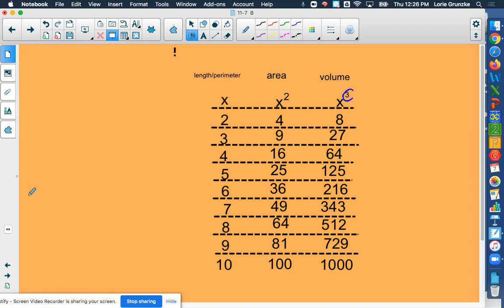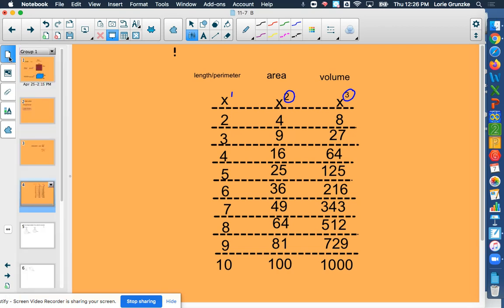This little 3 says multiply by 4 three times. This little 2 says multiply by 4 twice. And that 1 says multiply 4 once. I'm not sure you need the table, but it's there if it helps. If you have a side that's 8, you would know it's 64 and 512 like we did, or 7 would be 49 and 343. It's a reference table.